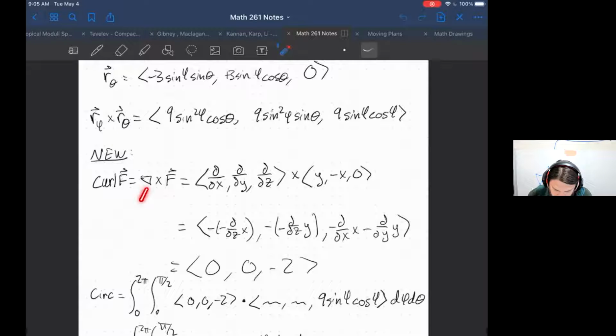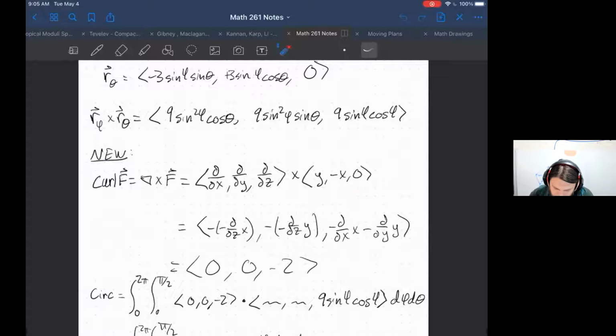Now, this nabla here, we've seen it before, but this is del x, del y, del z. And we're taking the cross product of that with our vector field. And it's important at this point to keep your vector field in terms of x, y, and z. Once you're done simplifying all of these partial derivatives, if there are any remaining x, y, and z terms, you can then substitute in your surface.